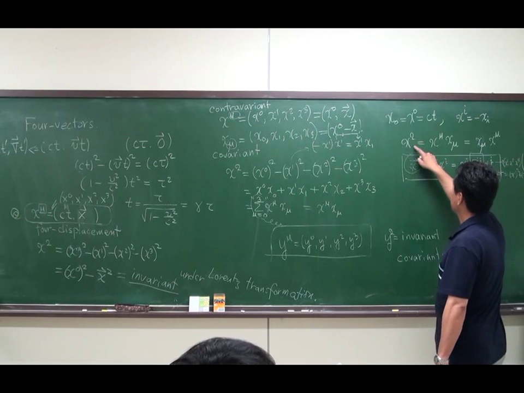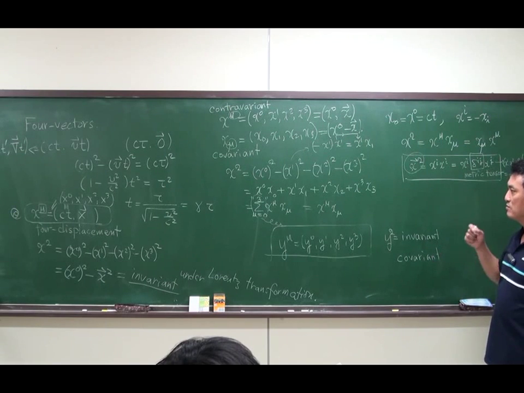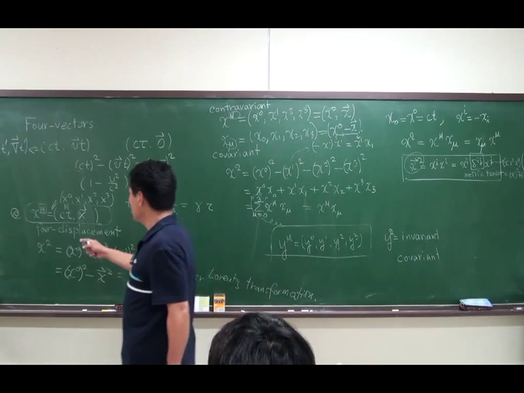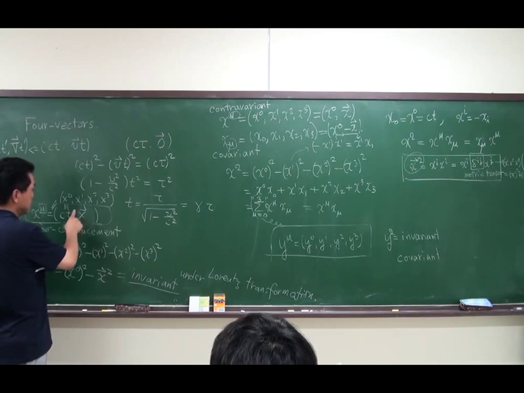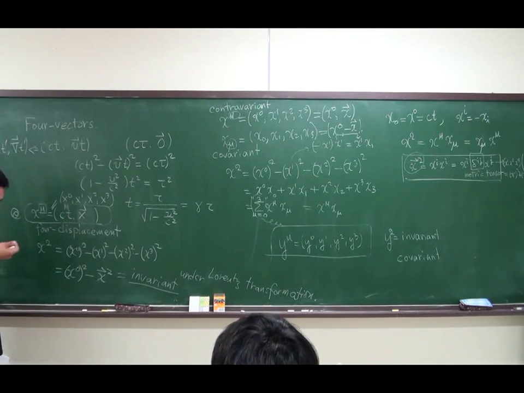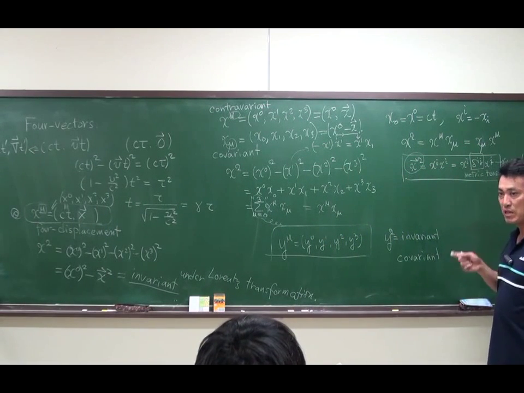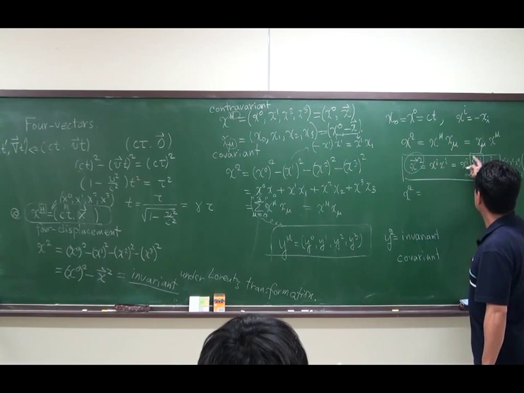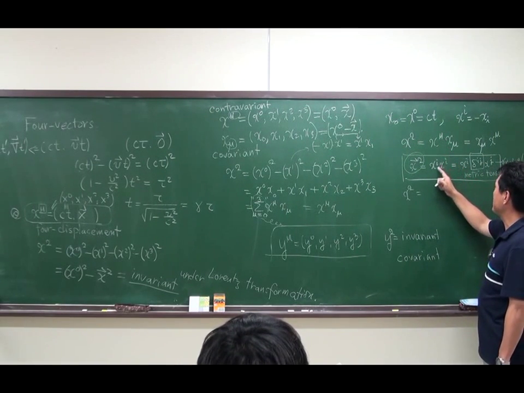But this kind of four-vector squared is not really the same as the physical length, right? Because this is a time, sure it is a length, time multiplied by the speed of light, and this has a length dimension, like the spatial vector. Now we define a generalized length in 4 dimensions, that is called the Minkowski space. X squared to be like that. Then why don't we copy this method?